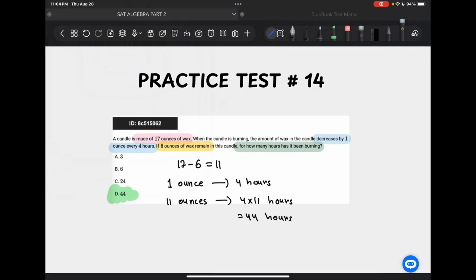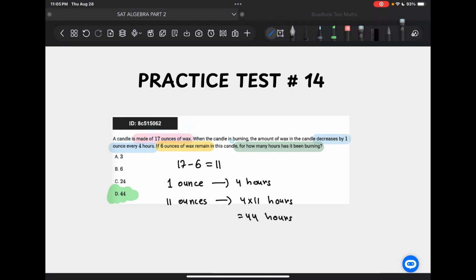A candle is made of 17 ounces of wax. When the candle is burning, the amount of wax in the candle decreases by 1 ounce every 4 hours. If 6 ounces of the wax remain in the candle, for how long has it been burning? So we have a candle that is made of 17 ounces of wax.